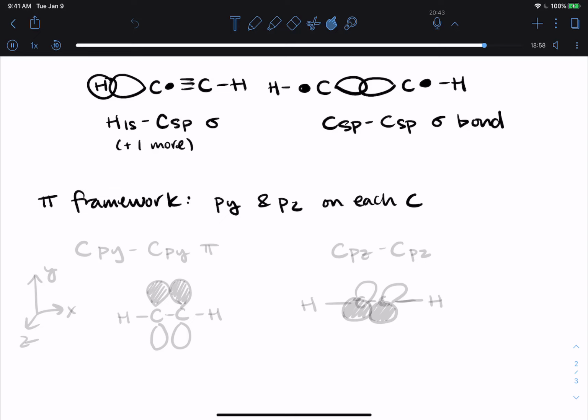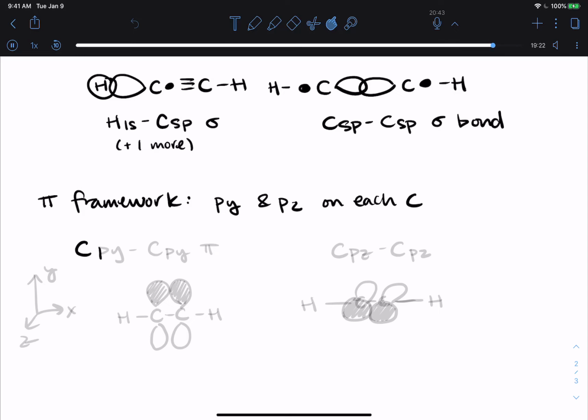So I will have one pi bond that's py overlapping with py, and then one pi bond that's pz overlapping with pz. And in this case, because they're made with different types of orbitals, you do have to draw them both. You can't just draw one pi bond and say plus one other, because they don't actually look exactly the same.